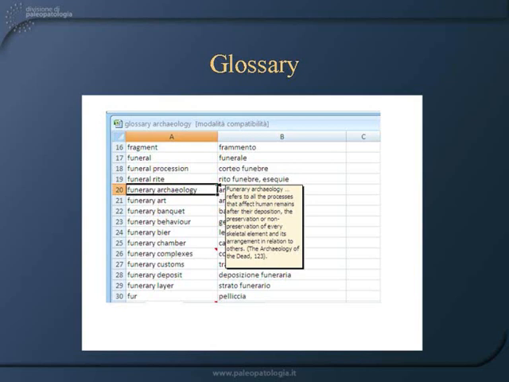Each group will be responsible for language items relative to a specific area of funerary archaeology. The reading of various definitions at different levels of depth will enable the user to understand better, have a clearer and more exhaustive picture of a particular word, concept, or phenomenon.